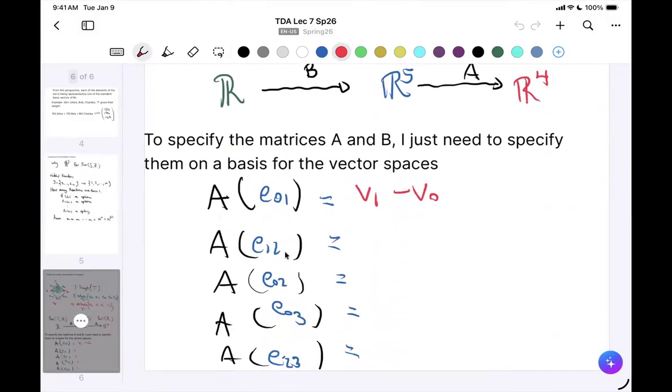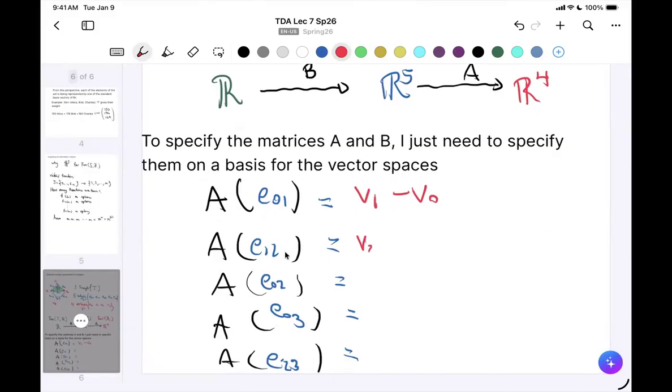The minus there is just to reflect the fact that you think of this edge as going from vertex 0 to vertex 1. That's the point. And same goes with the others: V2 minus V1, the other one is V2 minus V0, the other one is V3 minus V0, and the other one is V3 minus V2.